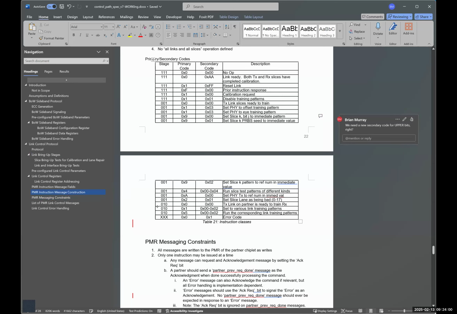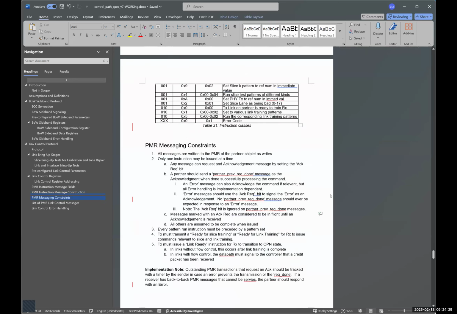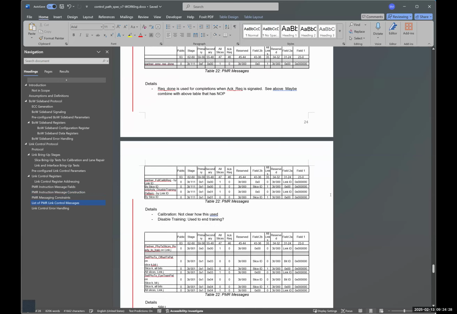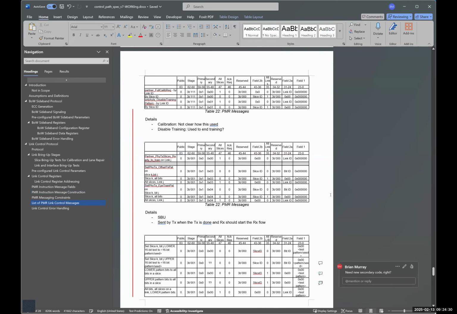There's no stage zero here, so we don't actually have any commands in the establishment stage. TX slices ready to train. That's the command we were just looking at.